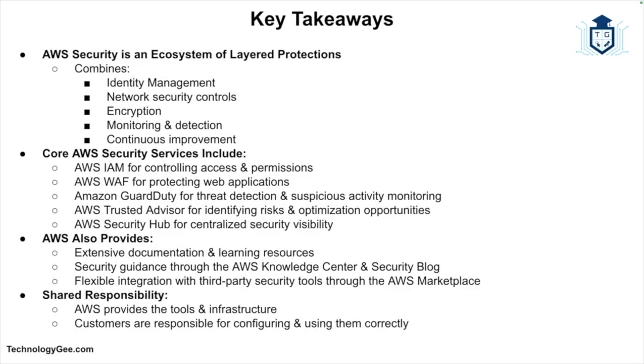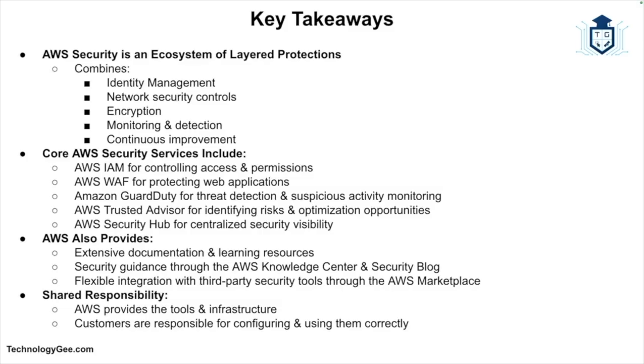All right, so why does all of this even matter? Well, let's bring this back to reality for a moment. Imagine that you're working as an entry-level cloud support technician or a junior cloud engineer, and your company is migrating applications to AWS, and suddenly you're responsible for ensuring those applications are secure. You might be asked to configure the identity and access management roles for a new application.